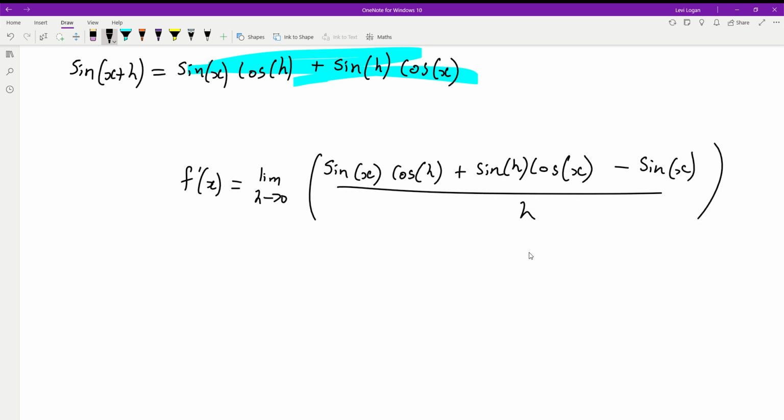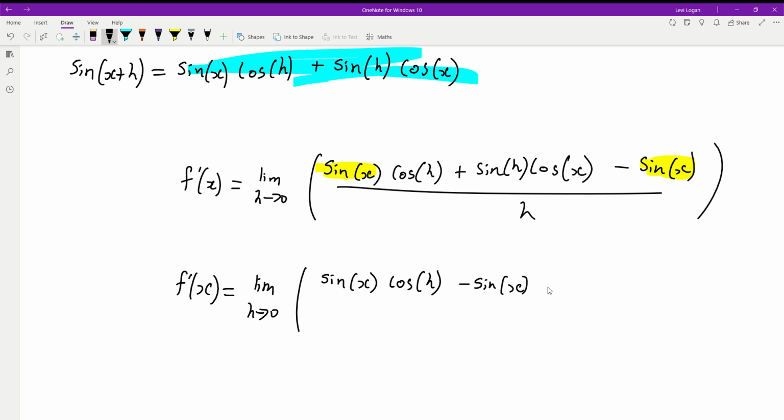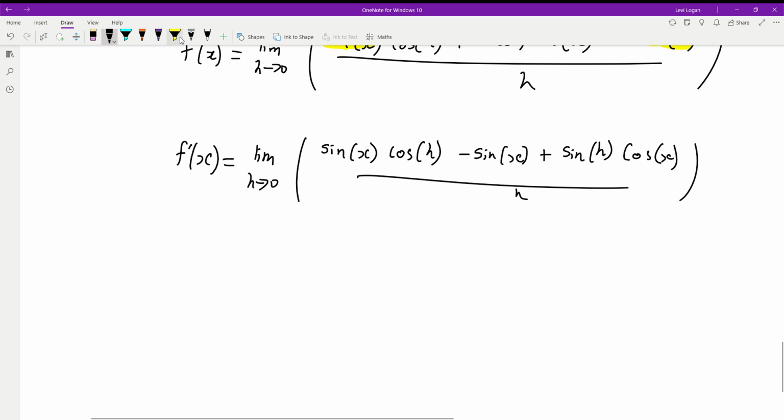Now, the only thing I can see in common in the top bit is these sines of x. So I'm going to move them closer together. So f dash of x is equal to the limit as h goes to 0 of sine of x times cos of h minus sine of x plus sine of h cos of x, all on h. Now here I can factor out a sine of x.